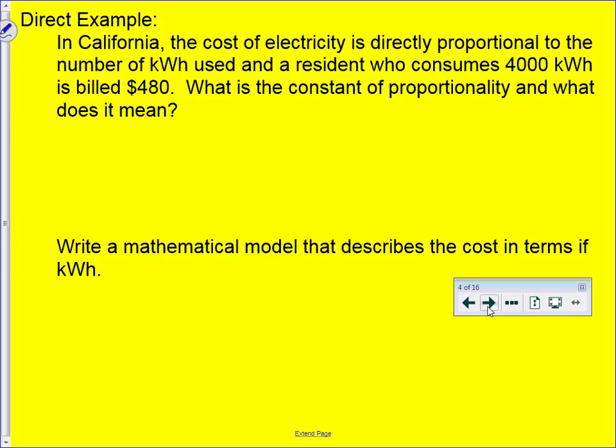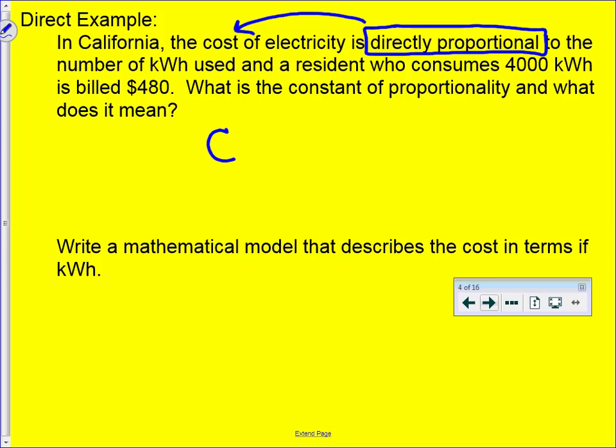Write a mathematical model that describes the cost in terms of the kilowatt hours. In this case, what we're trying to do is write down initially the information that we know. This is a direct variation equation because we see the magic words. What is before the directly proportional? It's the cost.